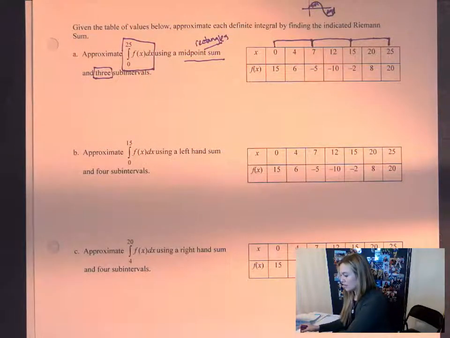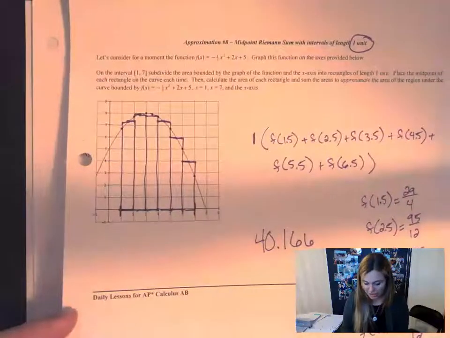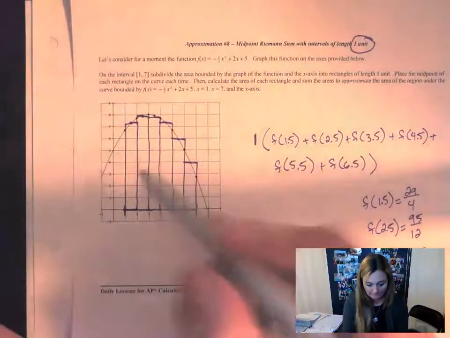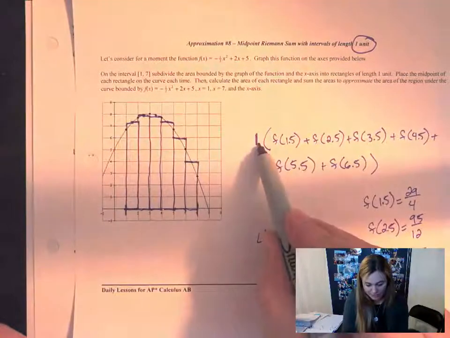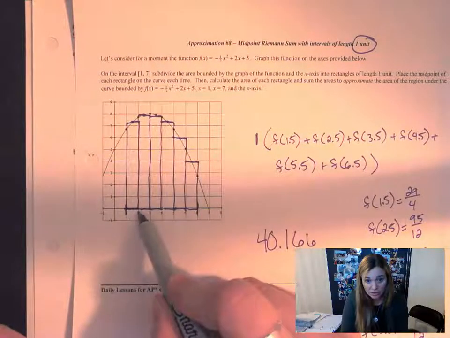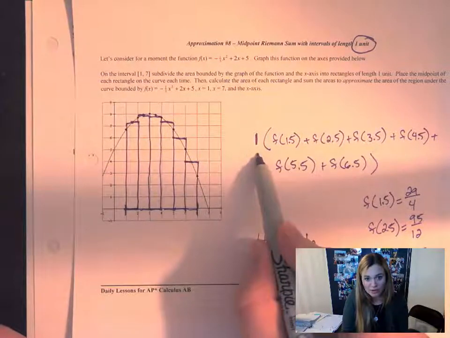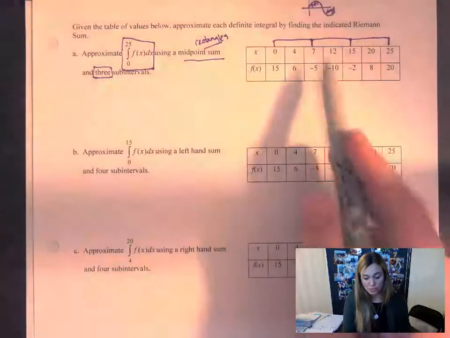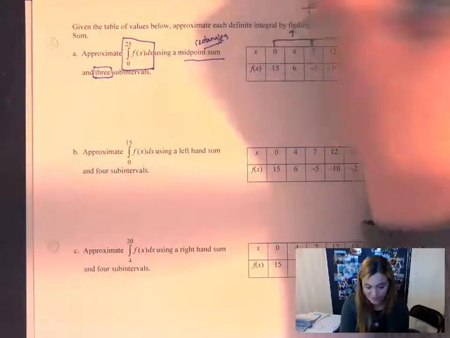So let me get a rectangle with a midpoint sum. For instance, this one was on page 165. In all of these rectangles, these all had a base of 1 from here to here, from here to here. So it was the change in the x value. That's why we had this 1 out here. These don't. From here to here would be 7.